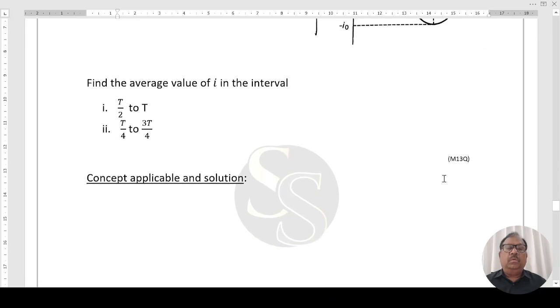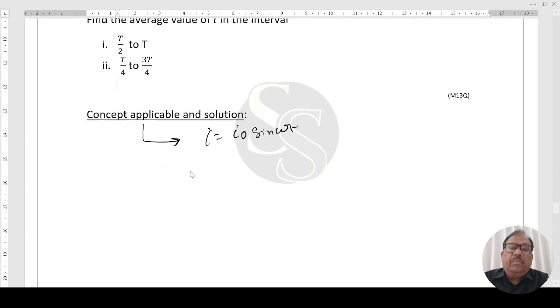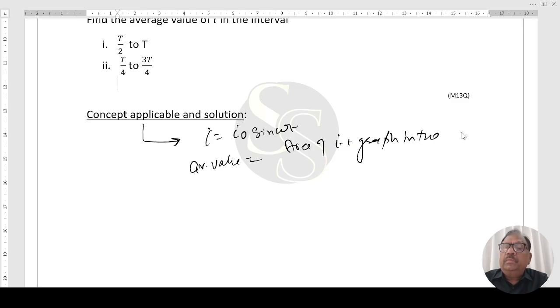Now, the concept applicable in the solution: I equals I naught sine of omega t. Average value is given by the area of the I-t graph in the interval t1 to t2 divided by the time interval.